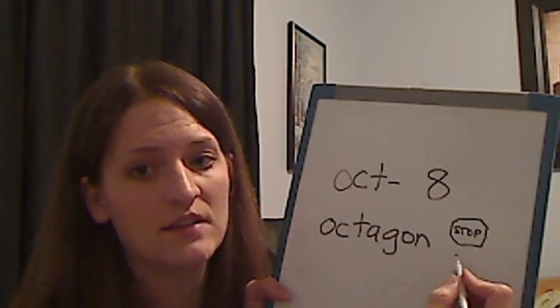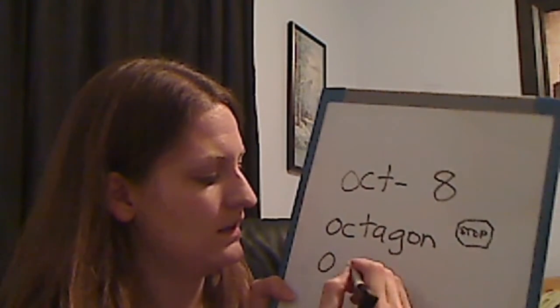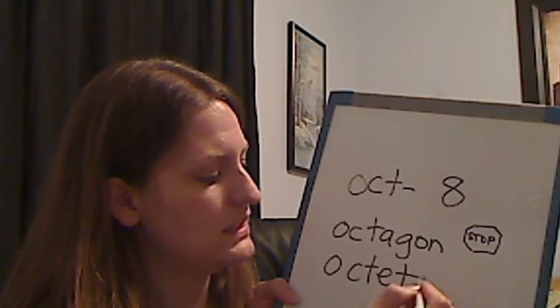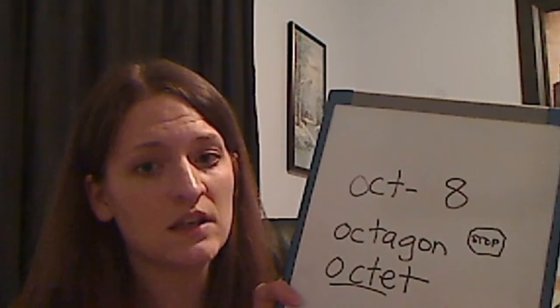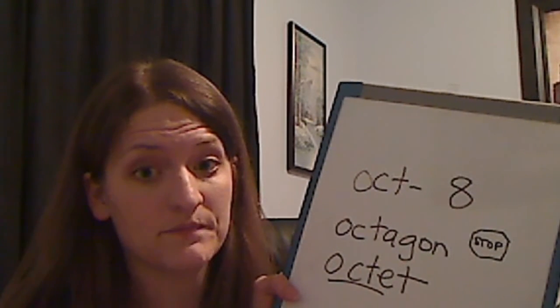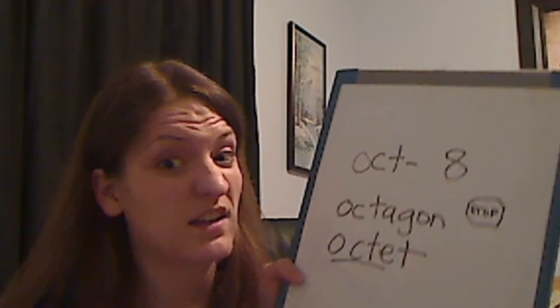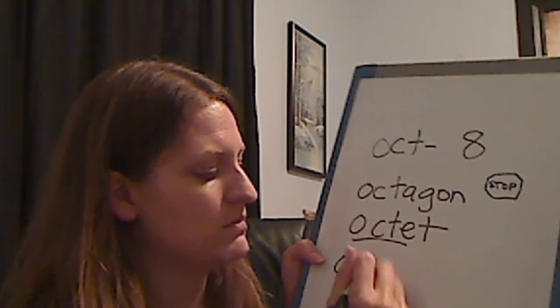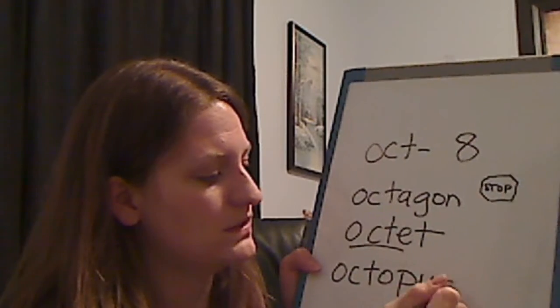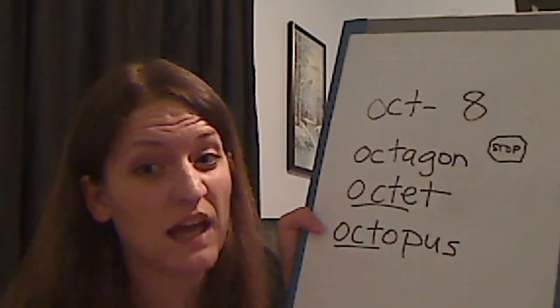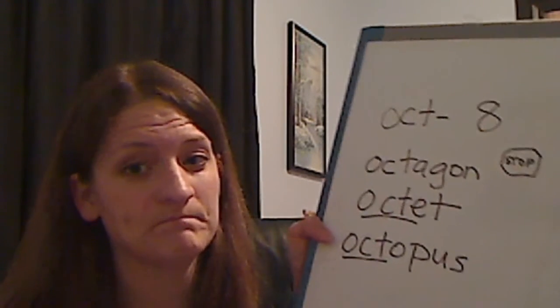It has 8 sides. An octet is a singing group with 8 voices. So oct is kind of easy to remember. Oct, and this is probably the word you most remember it for, octopus. An octopus has 8 legs.